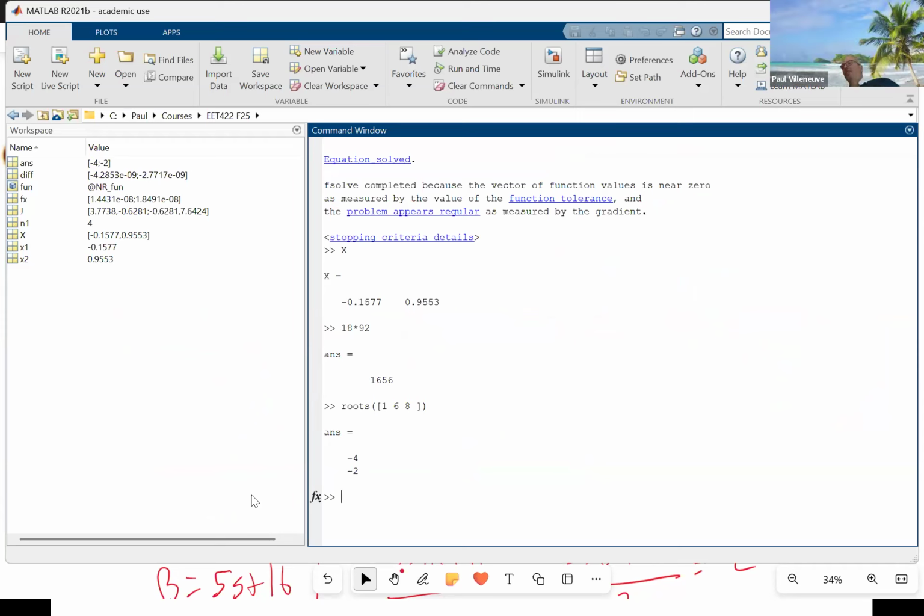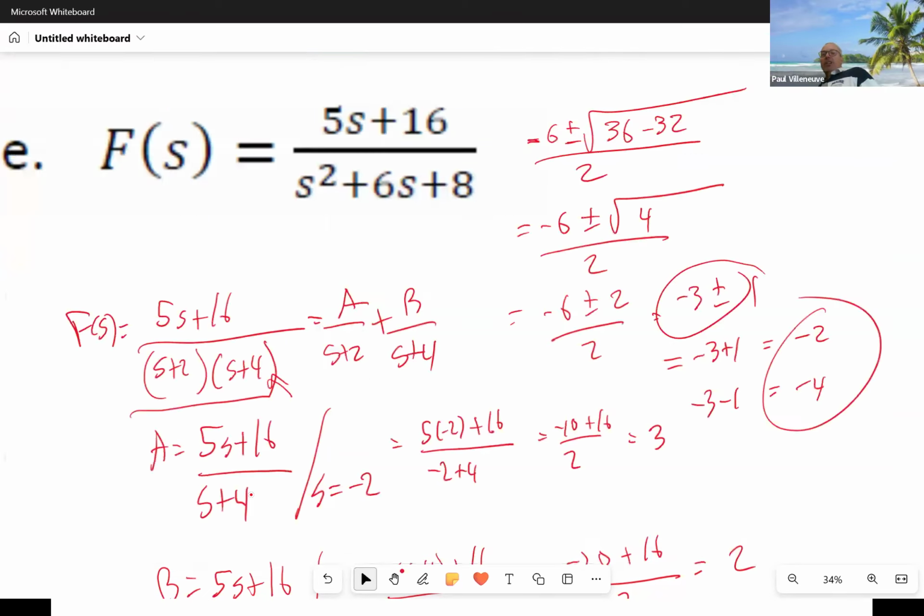And you get -4 and -2, exactly what we calculated using the quadratic equation. So if you want to do that, that's perfectly fine. I just like doing the quadratic equation because you're never going to have more than a second order circuit in our control systems class. You'll have second order circuits and a bunch of first order circuits or a bunch of second order circuits in your final answer.